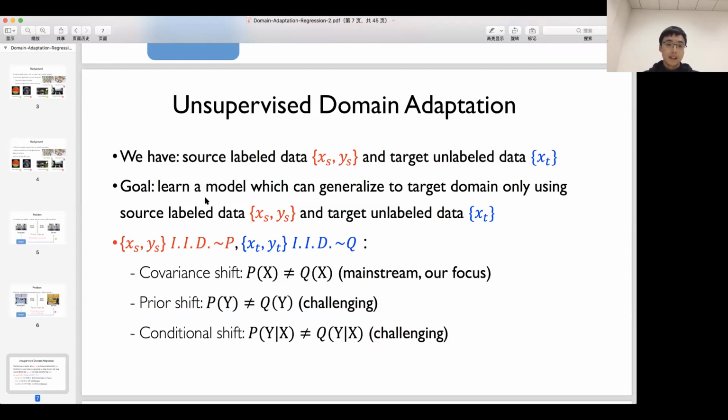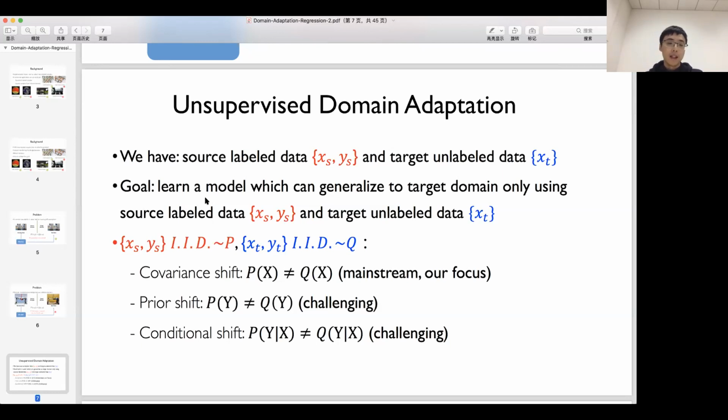We assume that the source data are sampled from distribution P, and the target data is sampled from distribution Q. There are three assumptions in this setup, and the first one is covariate shift. It means that PX is not equal to QX. It is the mainstream of this field, and it is also our focus.